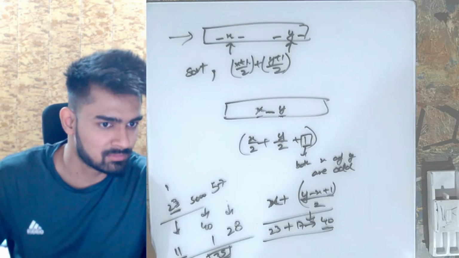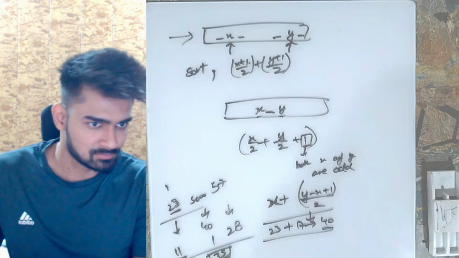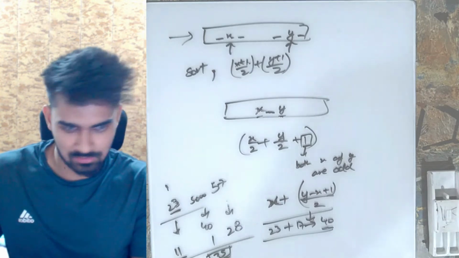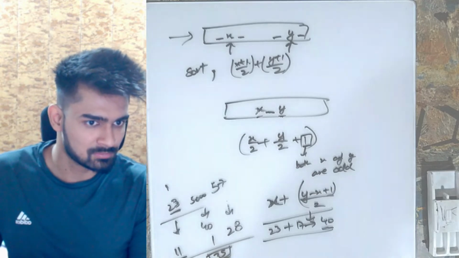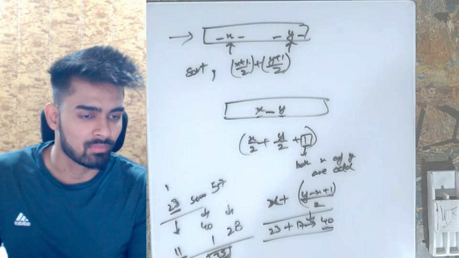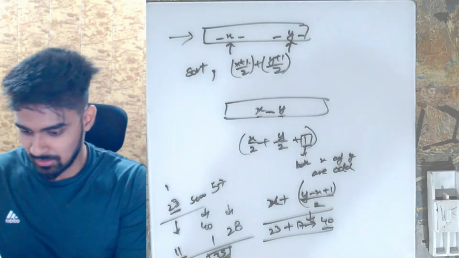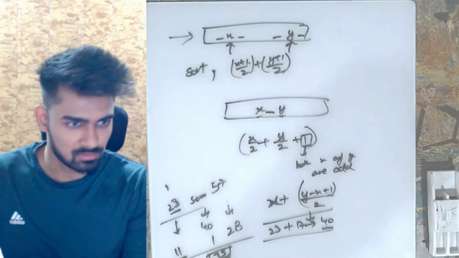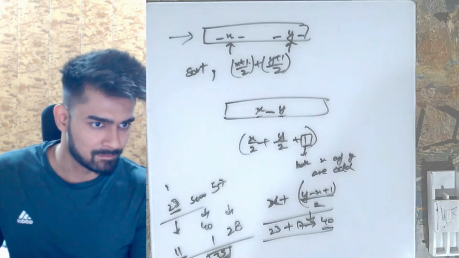This has to be array[i-1] plus array[i+1] minus array[i-1] plus 1 by 2.